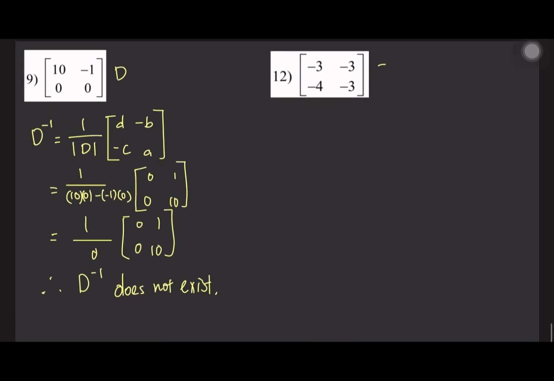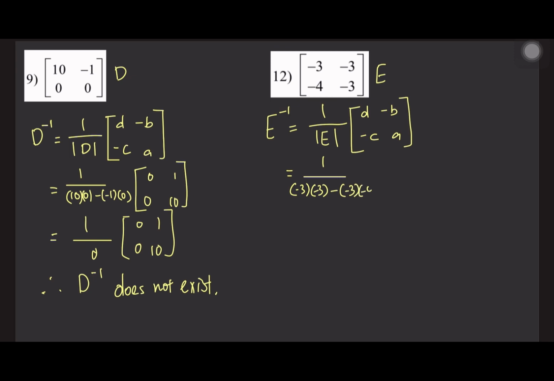Now, let's define the second question, the matrix as E. We want to find E inverse, which is 1 over determinant of E multiplied by D, negative B, negative C, A. Okay, I suppose it's not going to be 0 now. Let me check. AD minus BC, negative 3 times negative 3 minus negative 3 times negative 4.